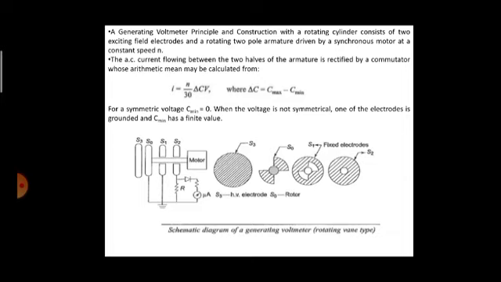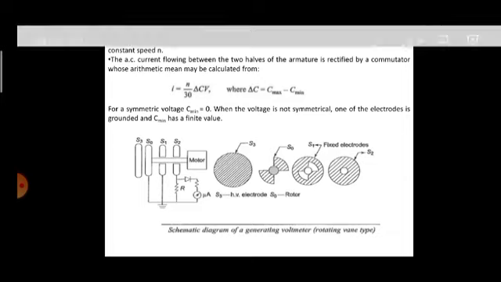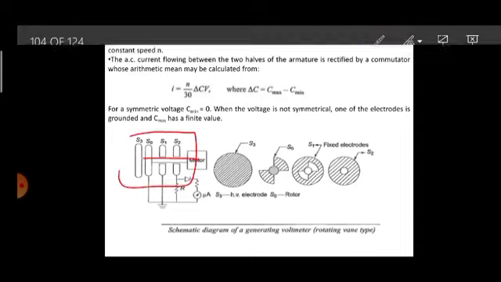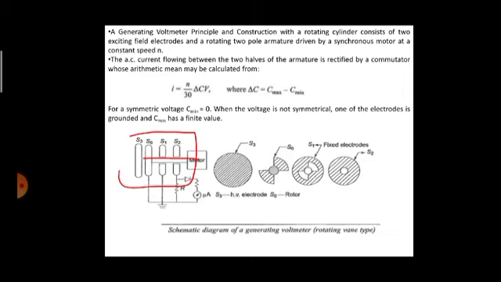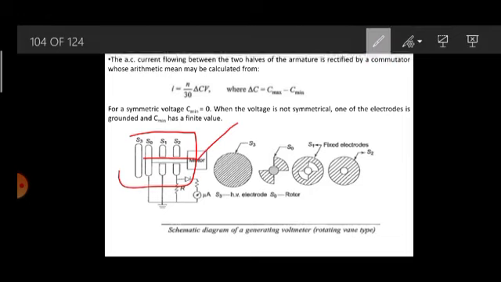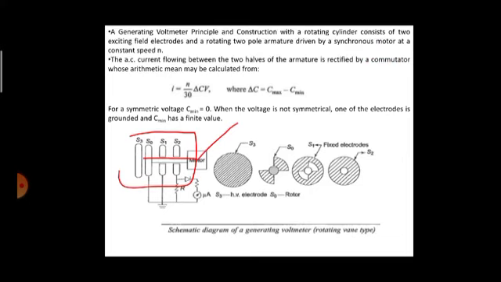So you can see here, it consists of a rotating cylinder, something like a cylinder, with two exciting field electrodes onto which excitation is provided, and a rotating two-pole armature driven by a synchronous motor. This motor is rotating at constant speed n.